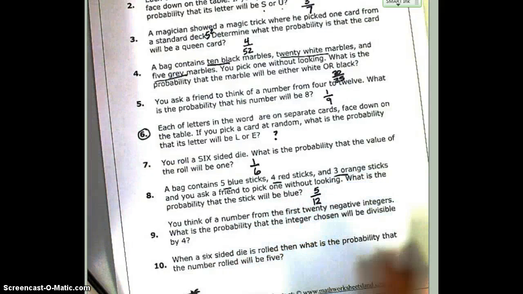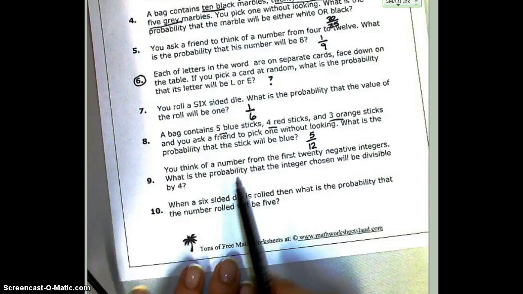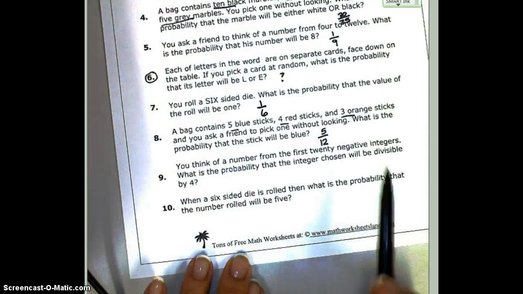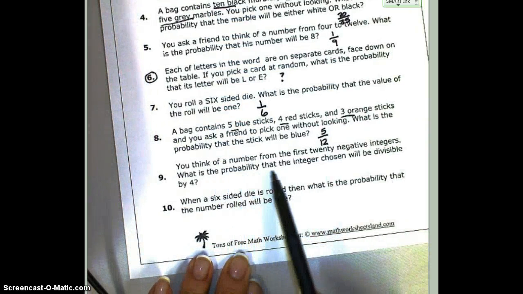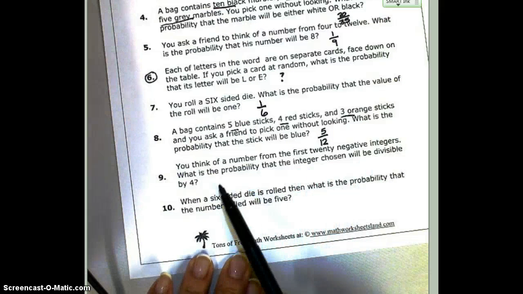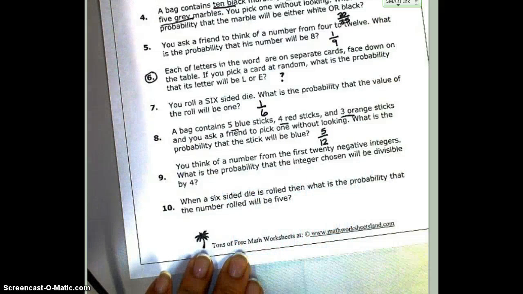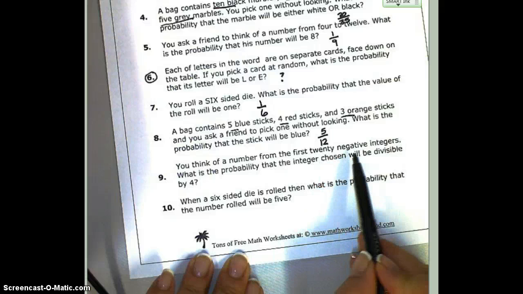And then down here, getting down there, scooch it up. You think of a number from the first 20 negative integers. What is the probability that the integer chosen will be divisible by 4? Well, let's think about our first 20 negative integers.